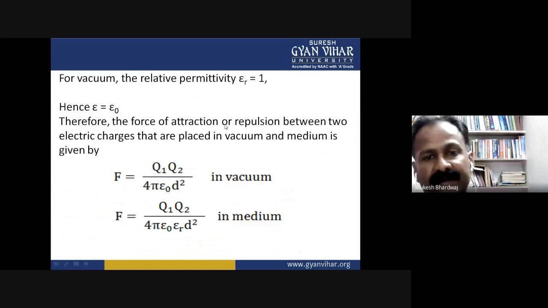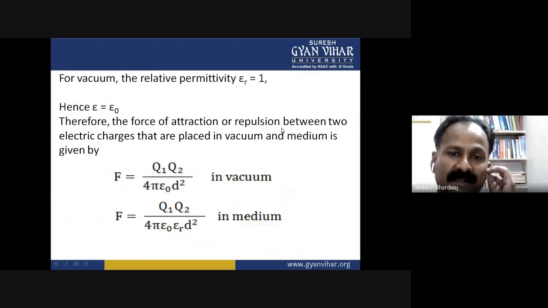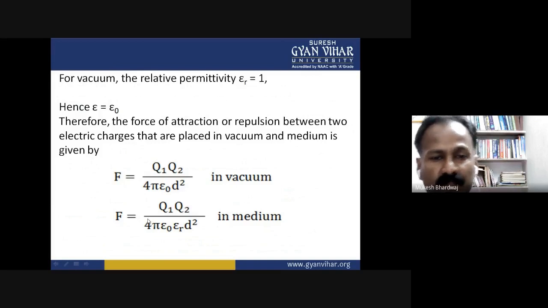Therefore, the force of attraction or repulsion between two electric charges placed in vacuum and in a medium is given by: in vacuum, force equals Q1 Q2 upon 4 pi epsilon naught d square, or in any medium, force equals Q1 Q2 upon 4 pi epsilon naught epsilon r into d square.